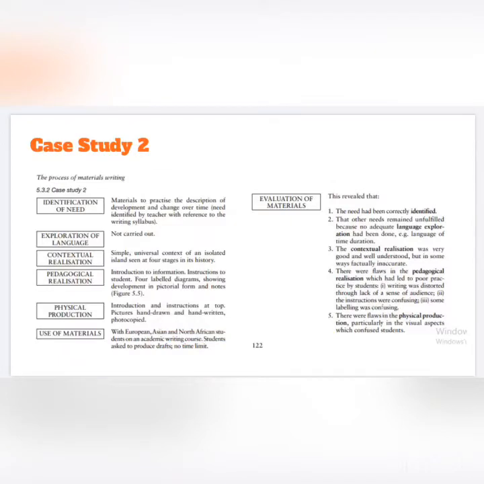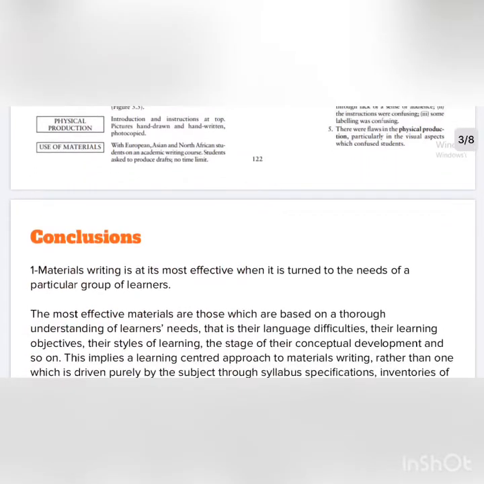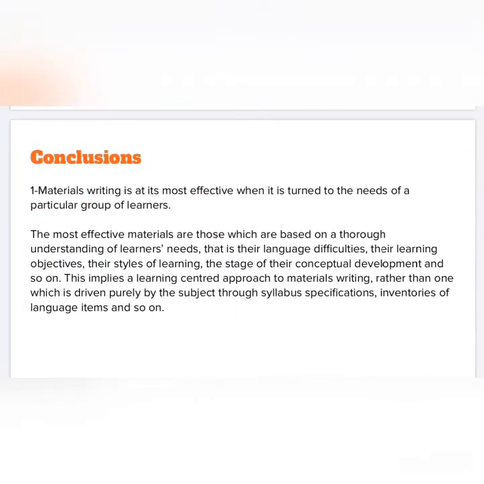Now I will continue with the conclusions. According to the first conclusion, it is said that materials writing is at its most effective when it's turned to the needs of a particular group of learners.